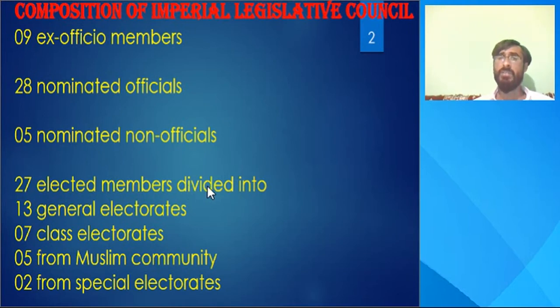But these elected members were further divided into 4 categories: 13 consisting of general electorates, 7 representing class electorates, 5 came from Muslim community, and 2 came from special electorates. So, in the Central Legislative Assembly, there was the dominance of official members who always supported the moves of the government, as they were the puppets in the hands of the government.